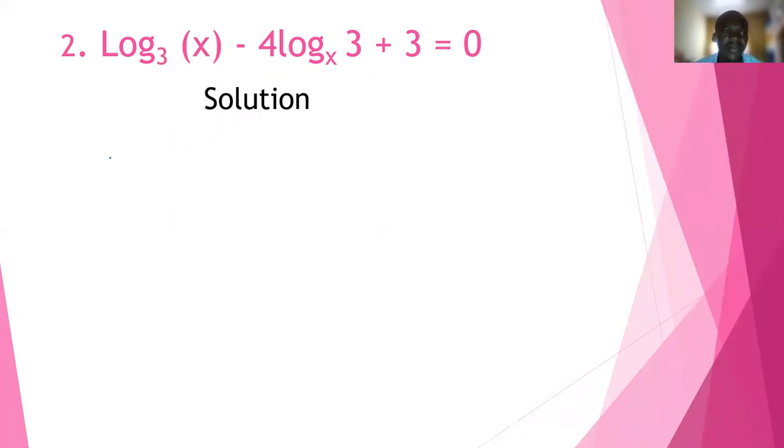So we have log x base 3 minus 4 log 3 base x plus 3, that is, log x base 3 minus 4 log 3 base x is equals to -3.